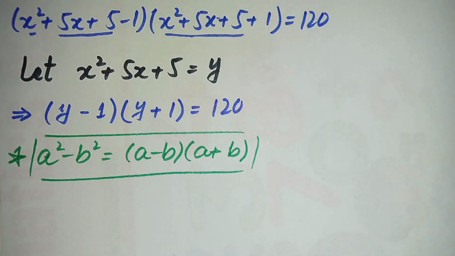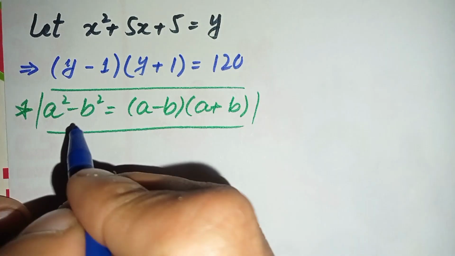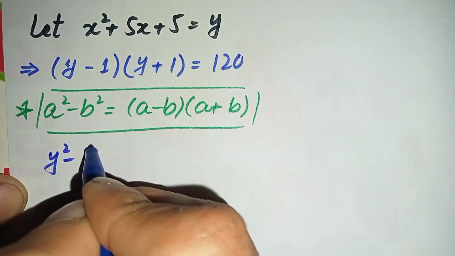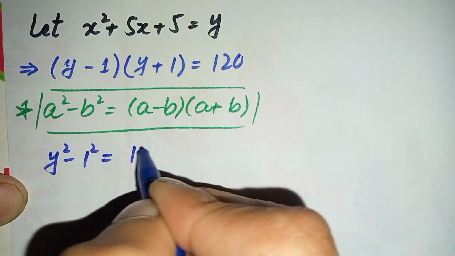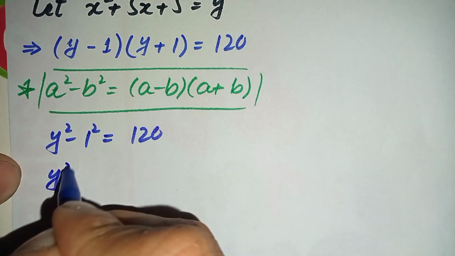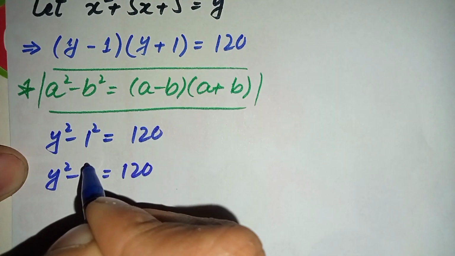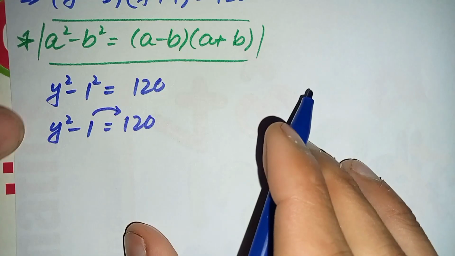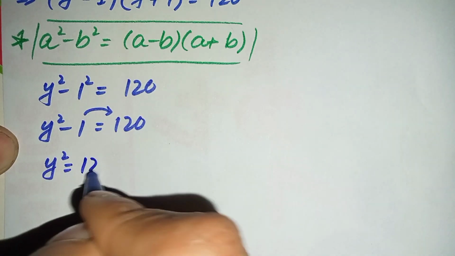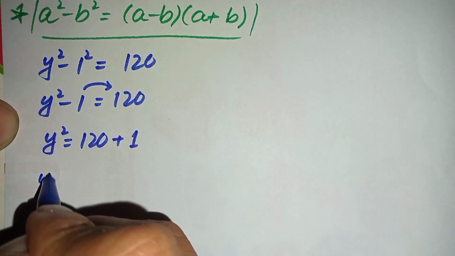So using this identity on the left hand side, this equation will become, a is y and b is 1, so it will become y square minus 1 square is equal to 120. Now 1 square is 1, so y square minus 1 is equal to 120. Now we'll shift this 1 to the right hand side. So it will become y square is equal to 120 plus 1, which is 121.